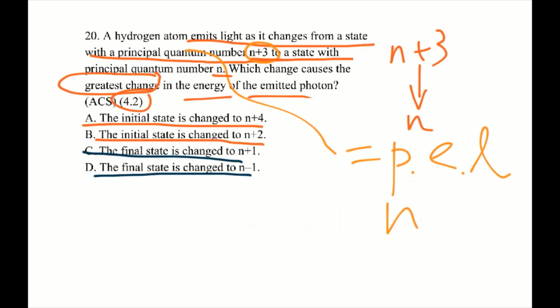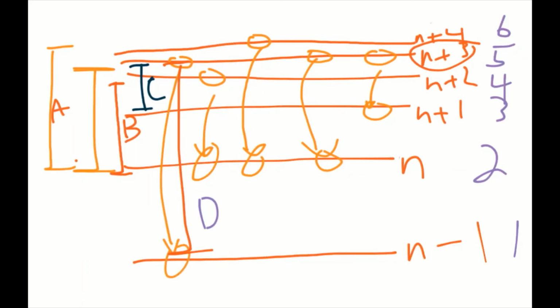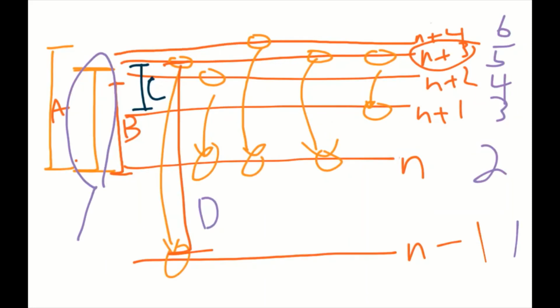Now, the question asks, what change causes the greatest change in the energy of the emitted photon? So which of these alterations cause the greatest change in the energy of the emitted photon? Remember, the energy in the photon initially is this, and it's asking which of the following changes cause the greatest change in this value, which is the energy of the emitted photon originally.